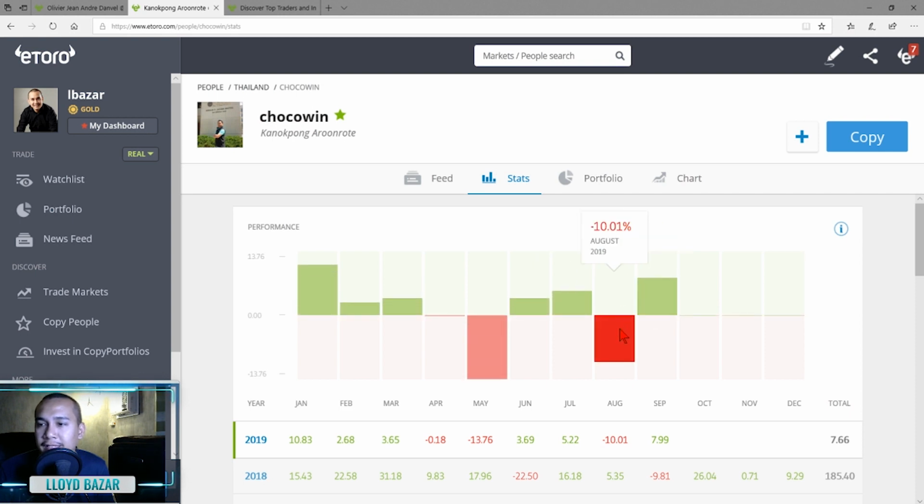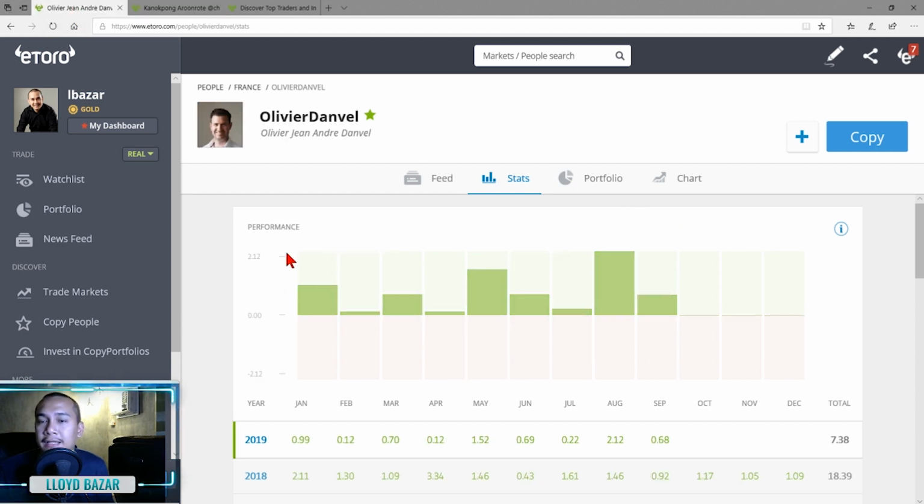For example, this guy right here, Chokowin, this is Kanokpong Aron Rote. If it says red, then that means he lost money in that month. Right here, 10% and 13%. If it says green, then he gained during that month. For example, January, he gained 10.83%. I hope you understand that already. So the very first thing you see is his performance for this year.